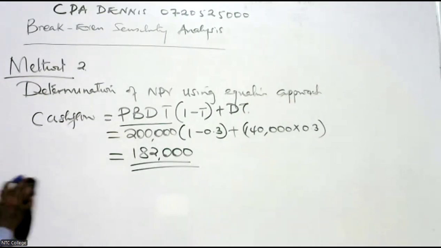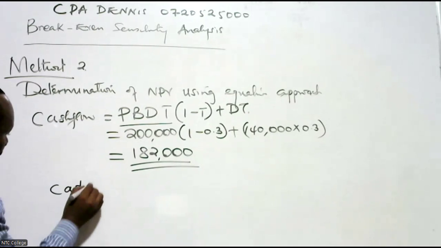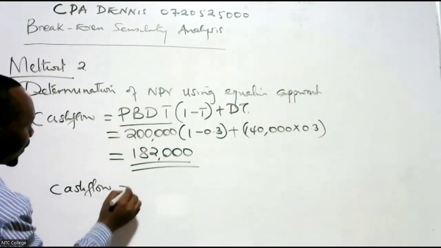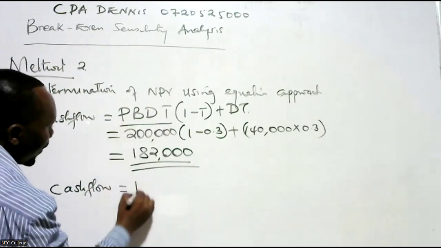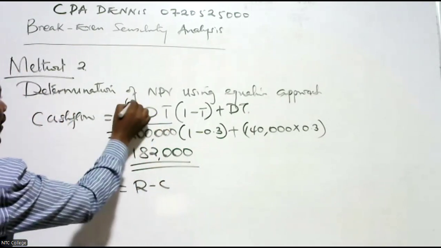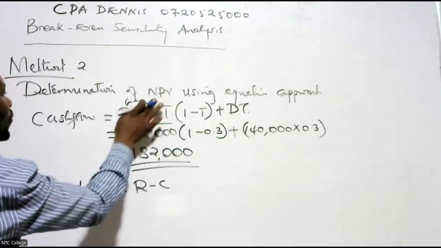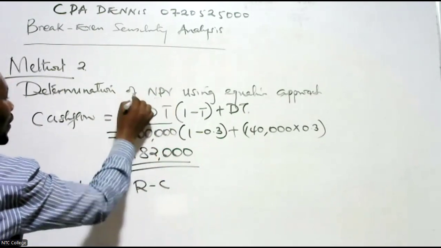So we can say that our cash flow is the same as revenue minus cost. That is this one. See, ilikuwa 600 minus 400. Tukapata 200. So it was revenue minus cost.